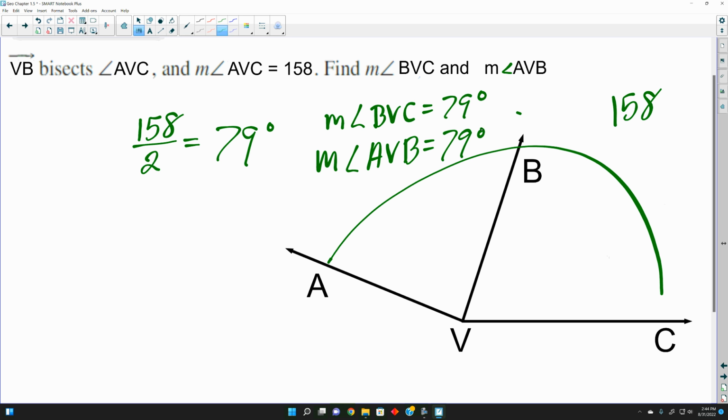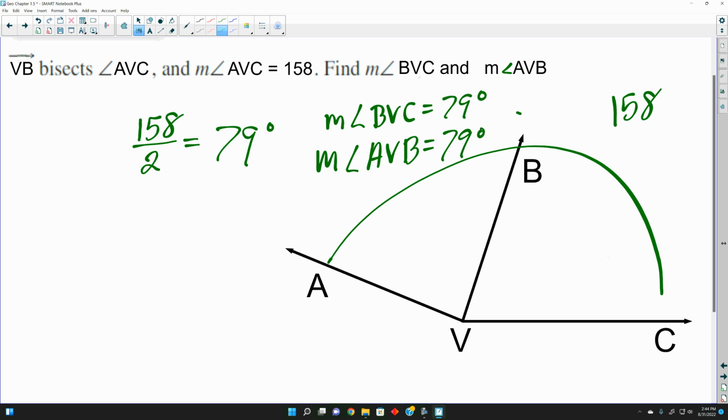Now the reason we say that it is cut in half is because it tells us that ray VB is a bisector. VB bisects it. So it's telling us that that ray cuts the angle in half. Now if it doesn't tell us it's a bisector, then we can't assume it, because unless we're told it, we can't assume it.